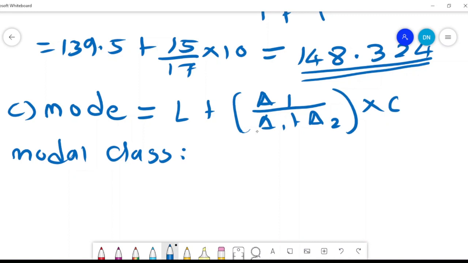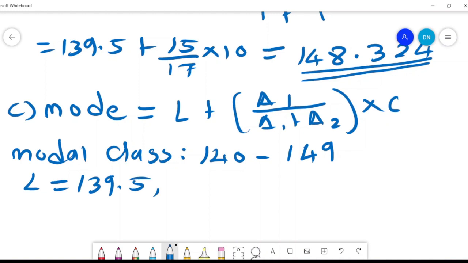The modal class is the class with the highest frequency. And so our modal class is 140 to 149. So our L is similar to the one we had. It is 139.5. And our C will also be equal to 10. So what we need to find out is what is delta 1 and what is delta 2.